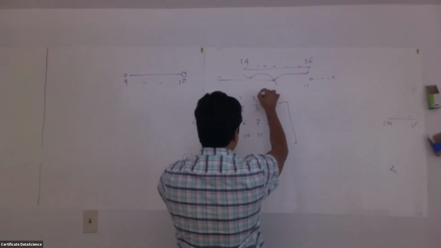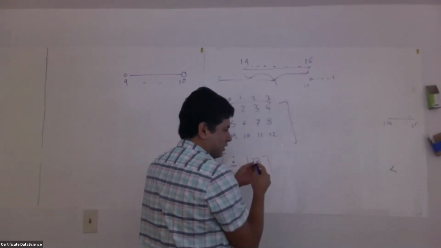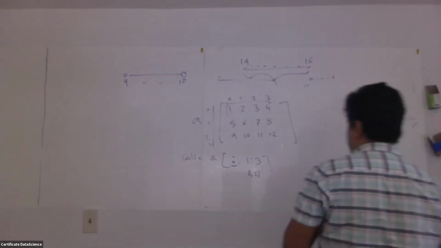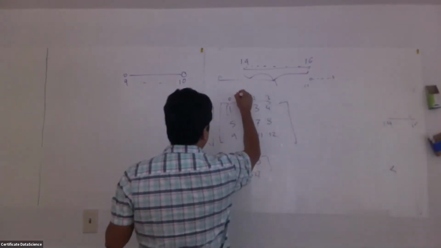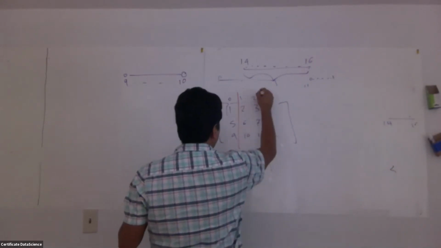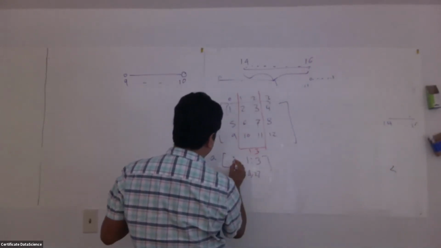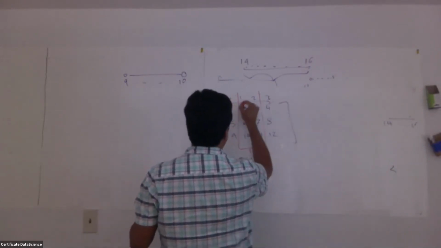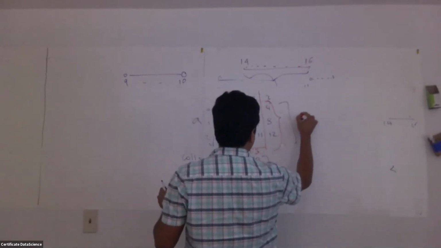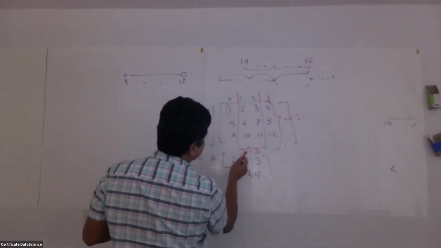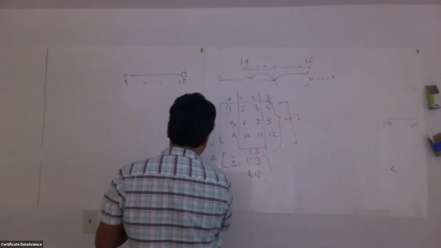This middle section is giving you 1 and 2, and this colon is giving you the whole thing. Now look at it. The shape should be of this column object.